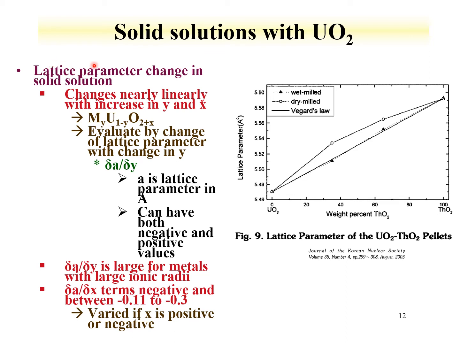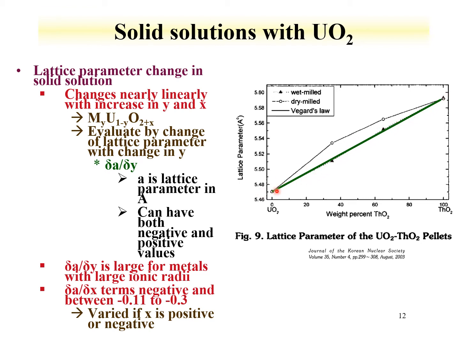As we saw in the previous slide, if we start adding components to UO2, the structure doesn't change, but the lattice parameters might. Here's an example of the lattice parameters of uranium thorium dioxide. As we see here, with this wet milled condition, there's a very linear relationship.